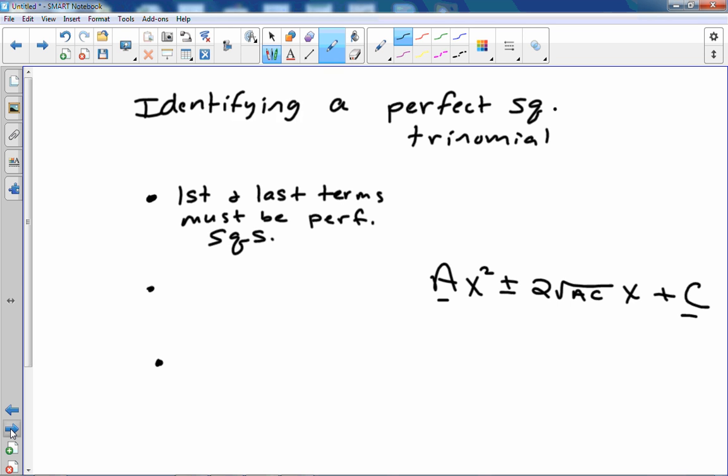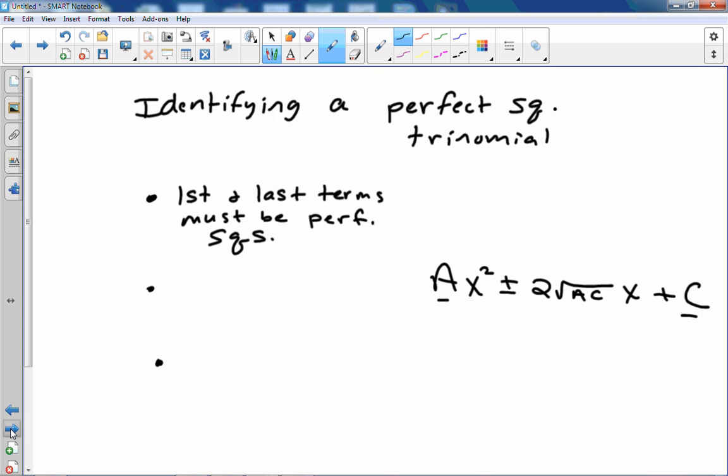That's where we get the idea of the perfect square trinomial. Usually that's what's going to give it away.